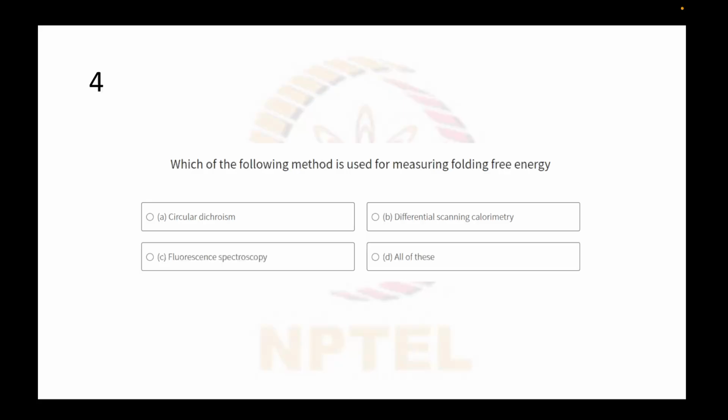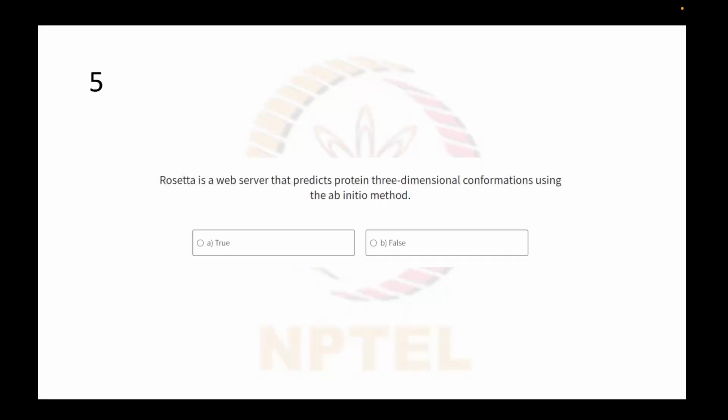Which of the following methods are used for measuring folding free energy? This is just an intro to our next class. Protein stability methods and computational methods for predicting protein stability will be discussed in the next class. All of these methods, circular dichroism, differential scanning calorimetry and fluorescence spectroscopy, are used.